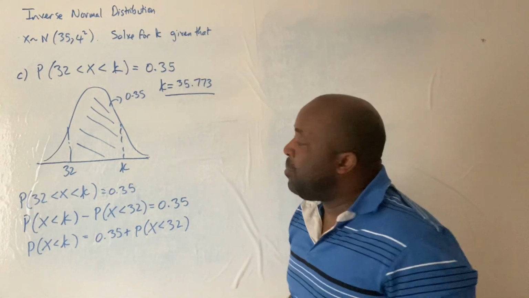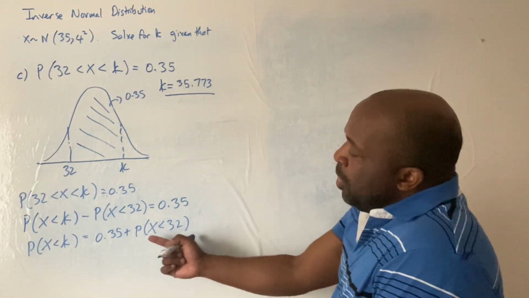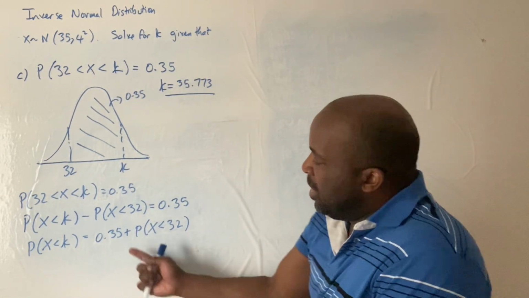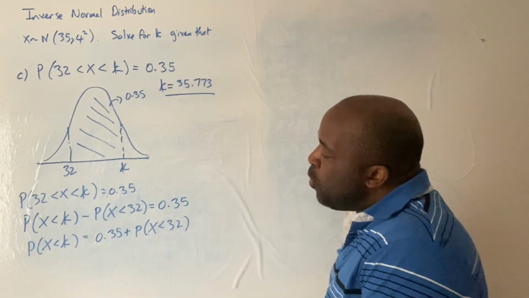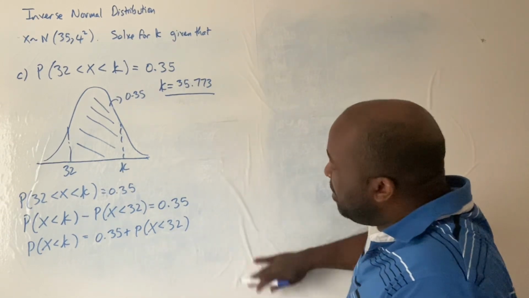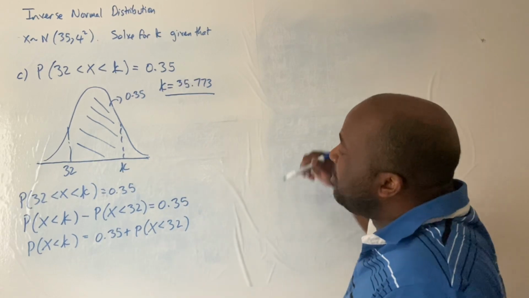Using the tabular method, we would maintain everything as is, and then work out the probability that X is smaller than 32, and continue from there.